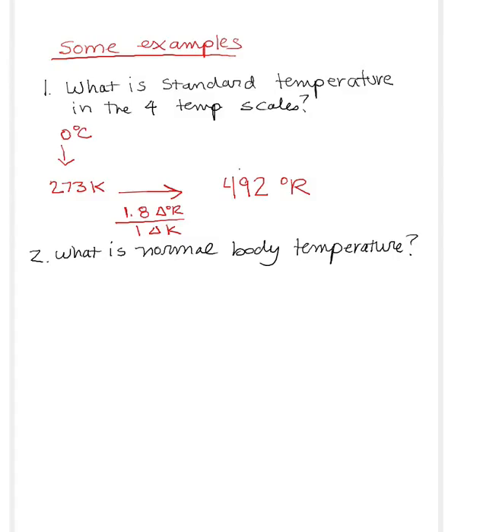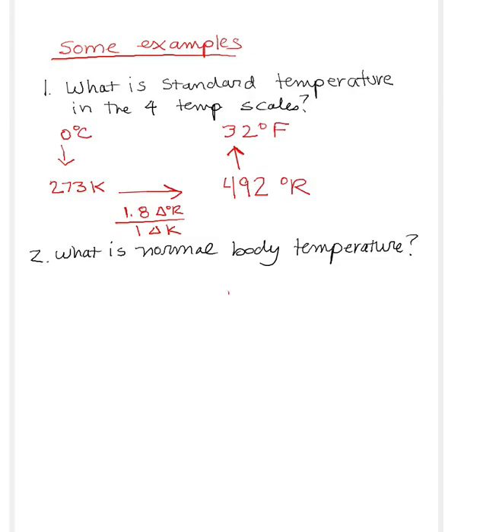So now, what is that in degrees Fahrenheit? You'd have to subtract 460 from that. That gives you 32 degrees Fahrenheit. So standard temperature in the 4 different temperature scales is 0 degrees Celsius, 273 Kelvin, 492 degrees Rankine, and 32 degrees Fahrenheit.